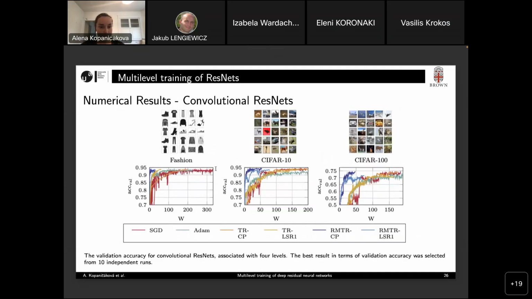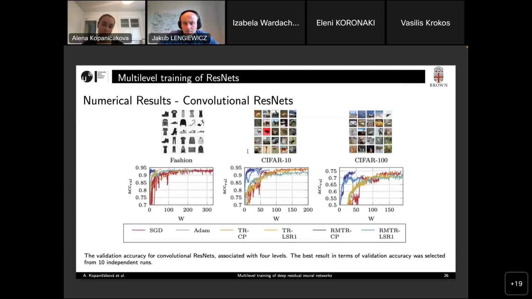Here, let me present some numerical results. We consider three different datasets, in particular Fashion, CIFAR-10 and CIFAR-100. The Fashion dataset contains grayscale clothing images, which I think were collected from the Zalando webpage. Then we have the CIFAR-10 and CIFAR-100 datasets, which contain colorful images belonging to 10 and 100 different classes.